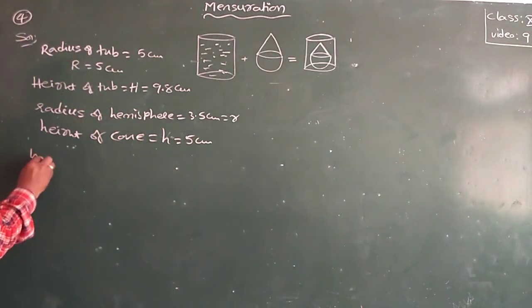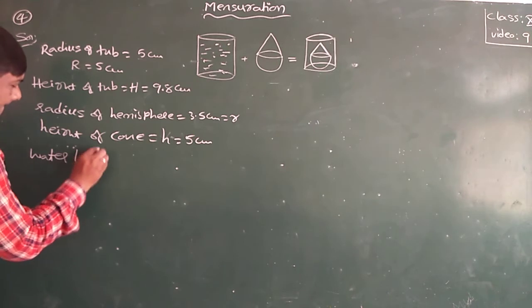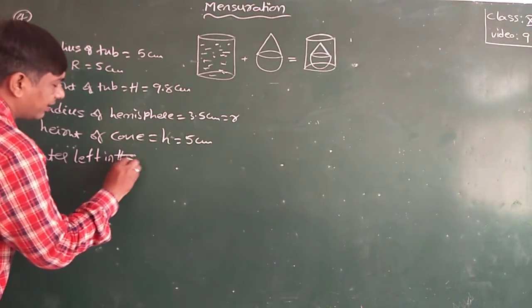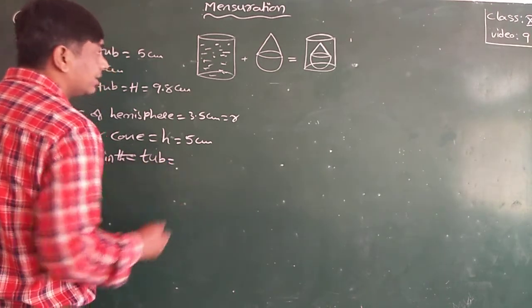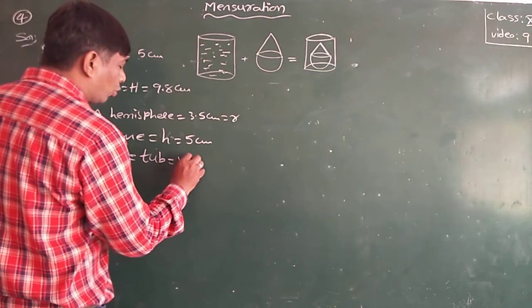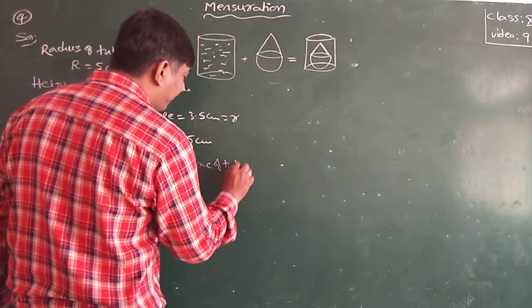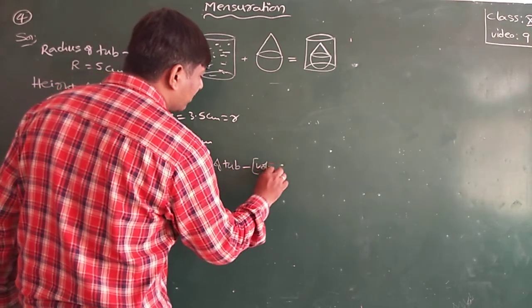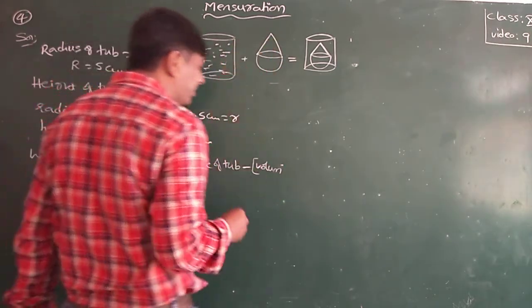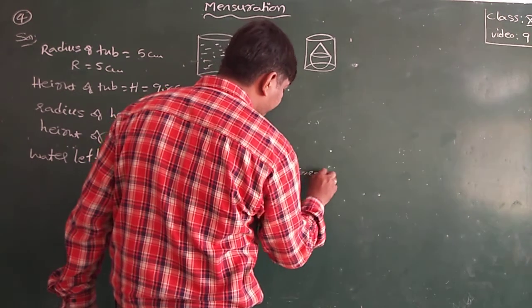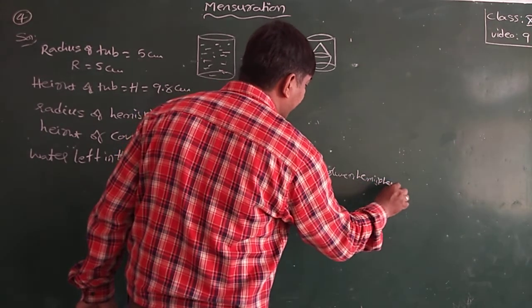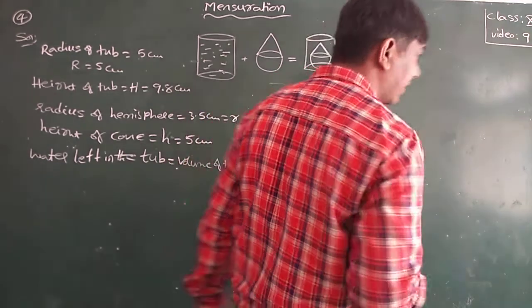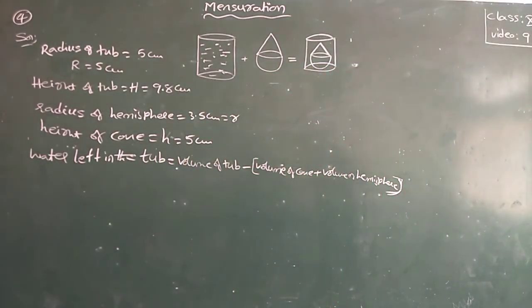So water left in the tub is equal to volume of tub minus volume of cone and hemisphere, that is, volume of tub minus volume of cone plus volume of hemisphere.